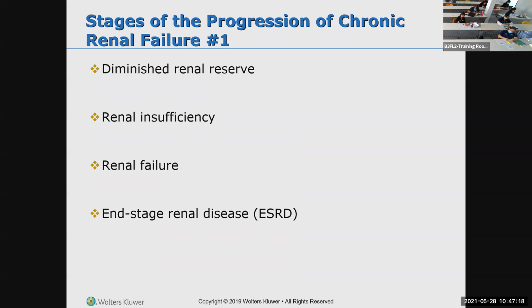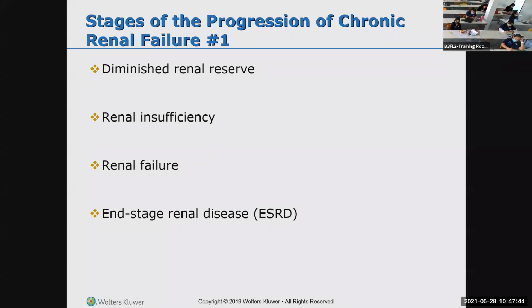So the stages of progression of chronic renal failure. Look at that. Gradually diminished renal reserve. Renal insufficiency. The kidney is not performing the job. They're not getting enough blood flow. As a result, everything is backed up. Waste products are building up.